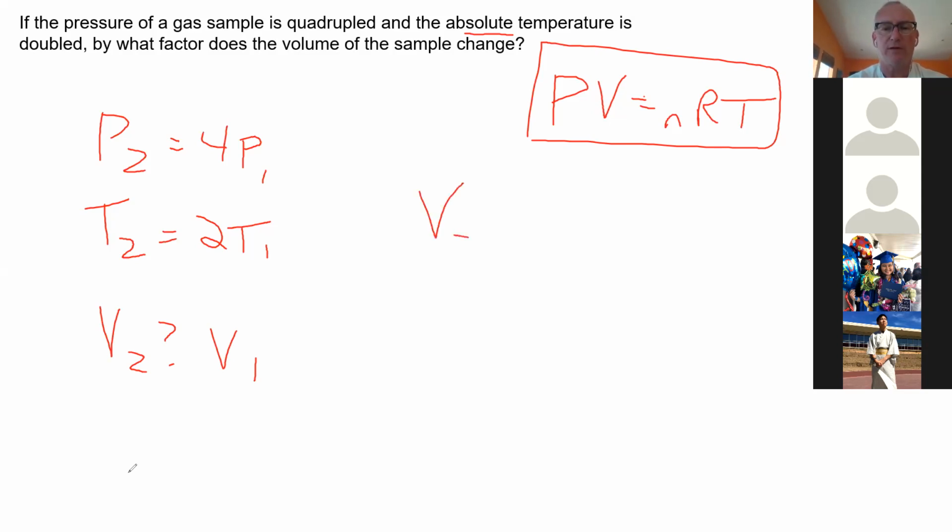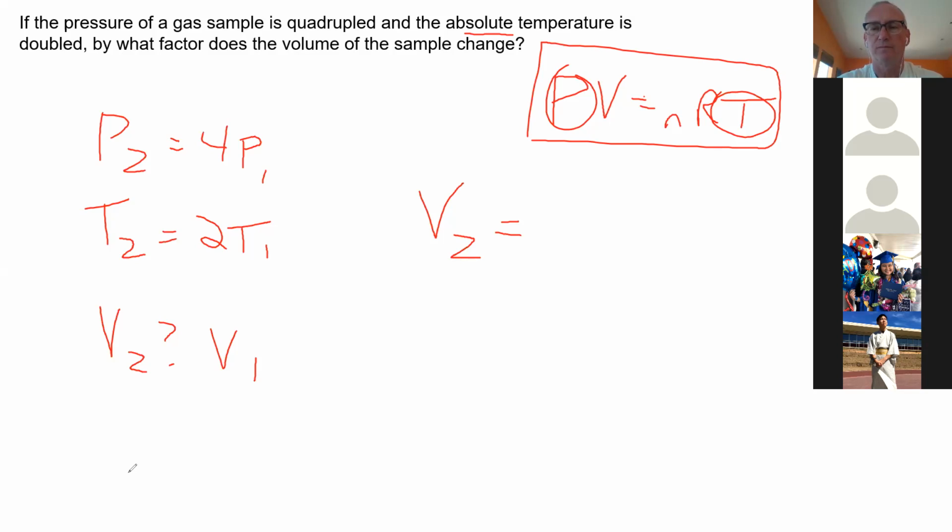If I want to work out volume 2, I need to figure out how does it change due to the pressure and how does it change due to the temperature. So how does it change due to the pressure? If the pressure goes up, what happens to the volume?